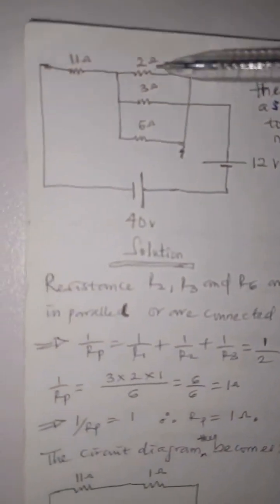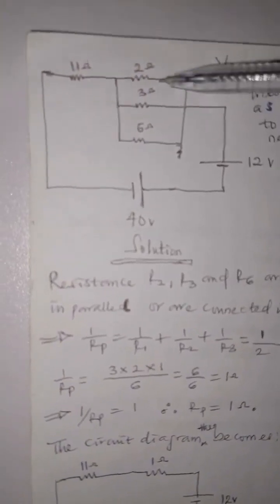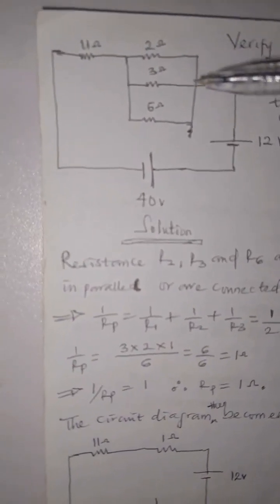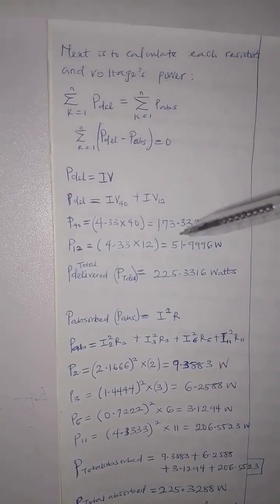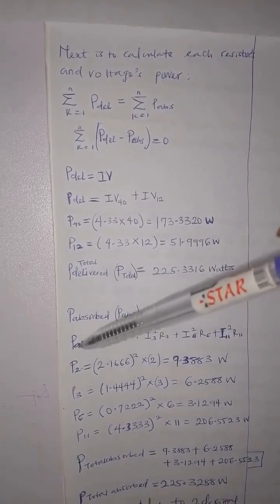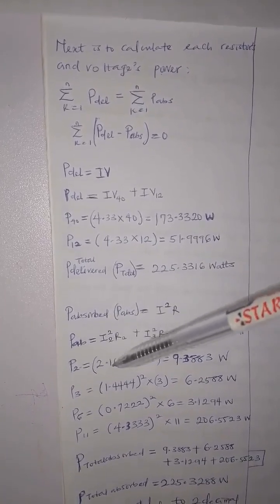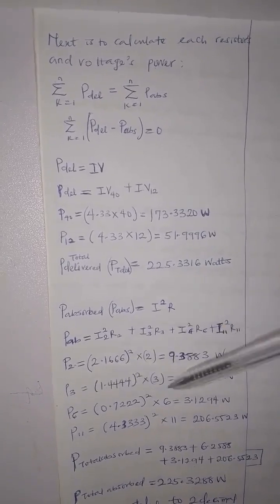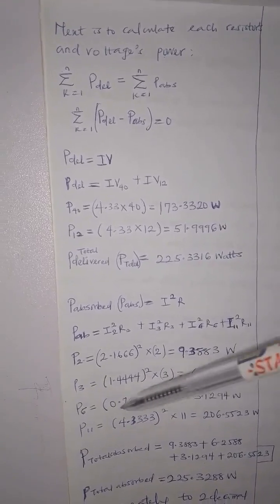So you should know that the current flowing through each individual resistor is different. We are going to use them to calculate the power, like I showed. So the power absorbed by each individual resistor: for the 2 ohm it is 2.166 squared times 2, then we have this for the 3 ohm, this for the 6 ohm, and this for the 11 ohm.